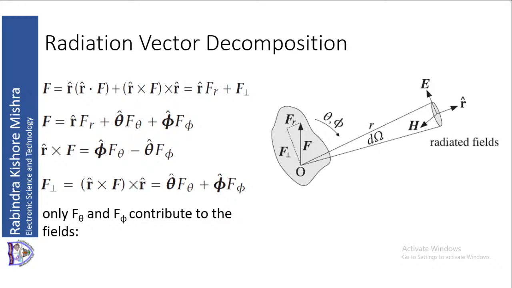So the second term will be plus phi cap F phi, which means only F theta and F phi terms contribute to the fields. So from the perpendicular, we see that only F theta and F phi terms contribute to the field, not the Fr term.